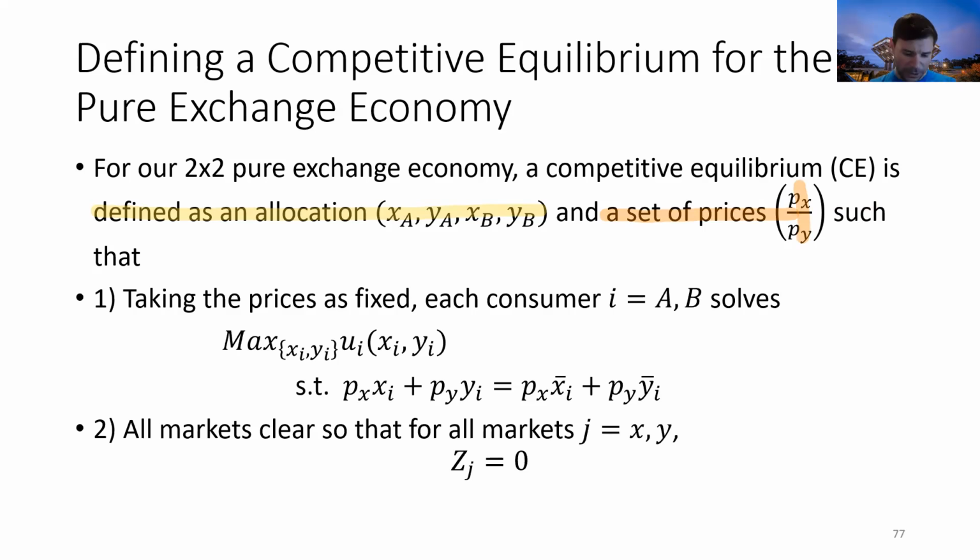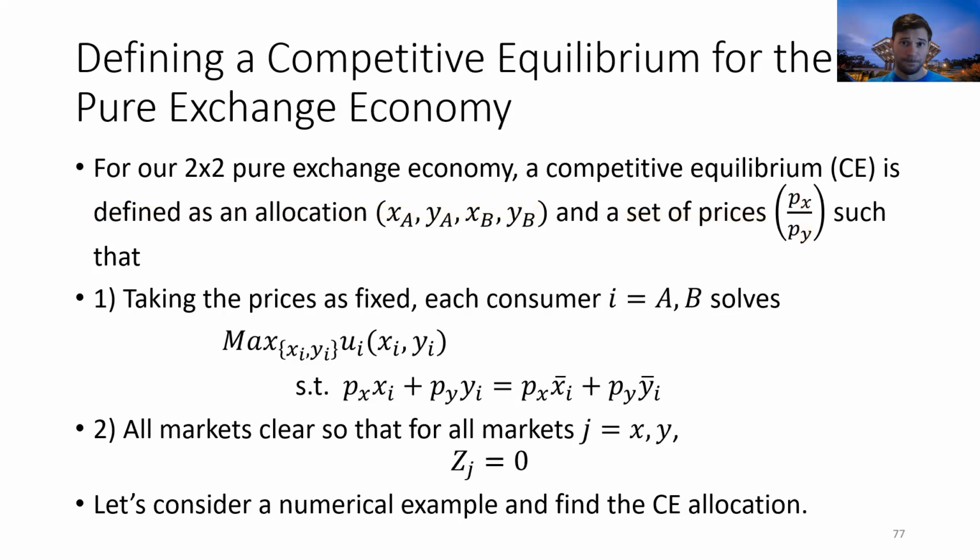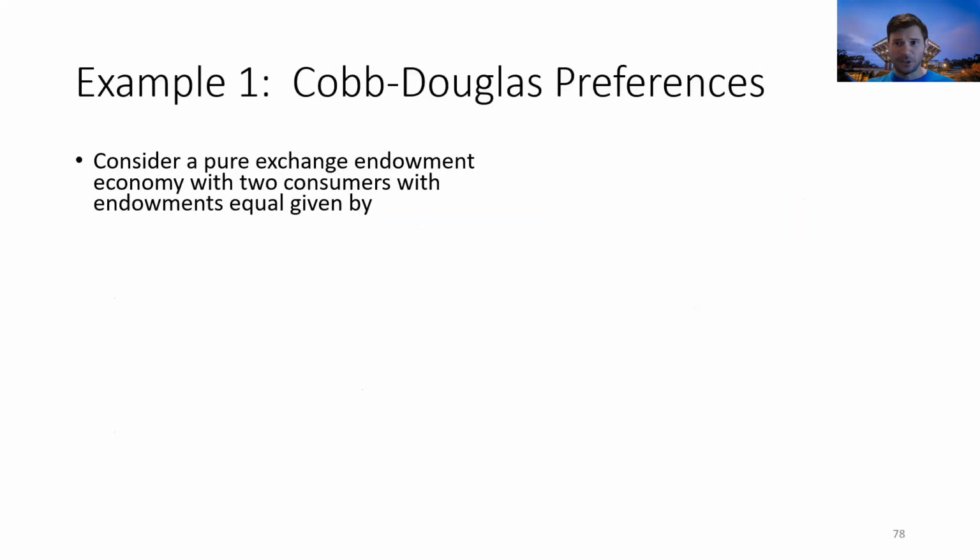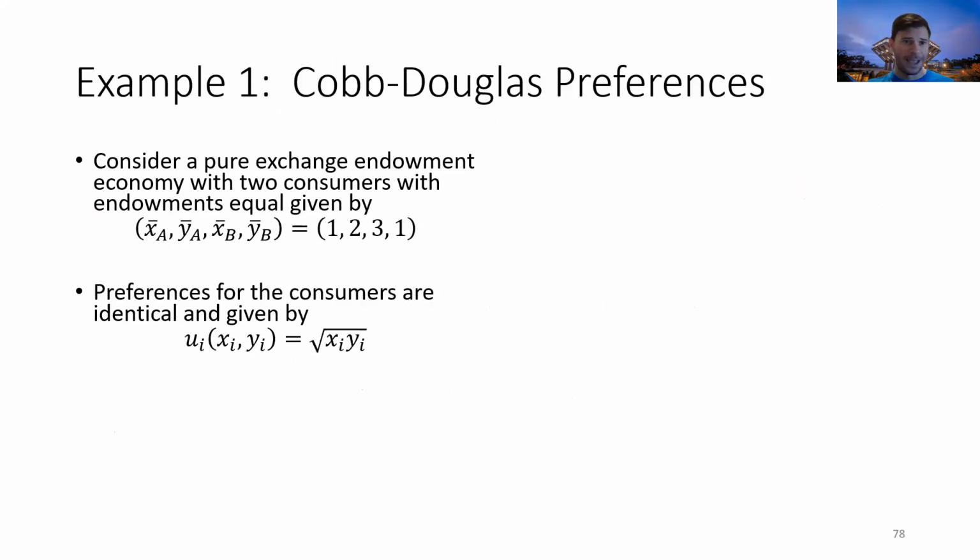So what I would like to do to wrap up tonight is to look at the numerical example we've been working through, and I'm going to solve for the competitive equilibrium allocation. Okay, so jumping back to our pure exchange economy, we had these two consumers, right?